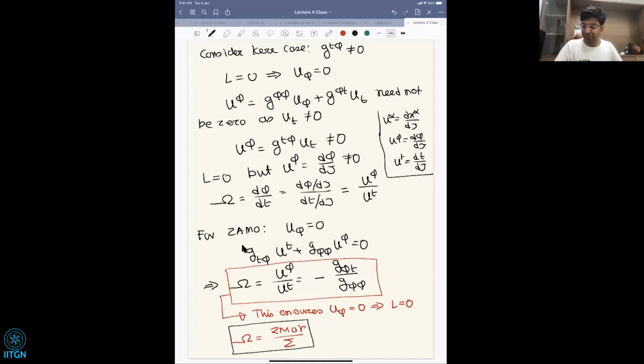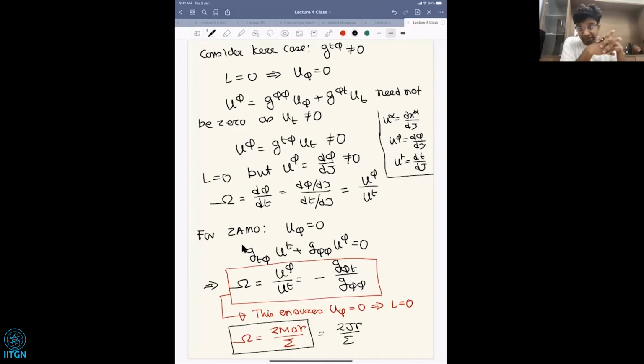M into a is J. So you can think of this as nothing but 2Jr by sigma. Sigma is always positive. So therefore, what you see is that these zero angular momentum observers are rotating with the black hole. This is the characteristic meaning of rotation, that it gives angular velocity to observers which do not have angular momentum.